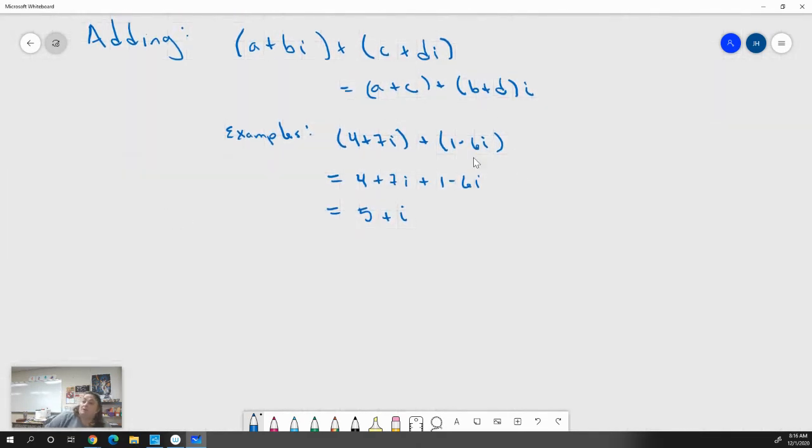So notice in here, I had a subtraction component, but I wasn't subtracting these two pieces from each other. Here we have a sum. Sometimes you'll say, what is the sum? When we're adding, it's a sum. When we're subtracting, it's a difference, right?